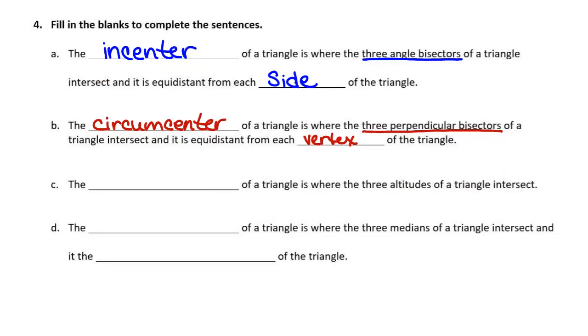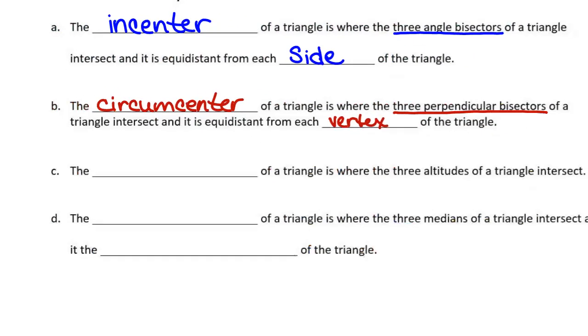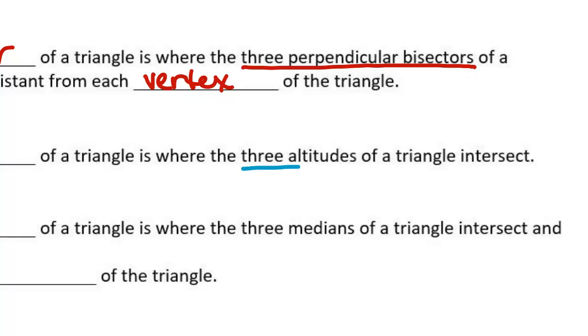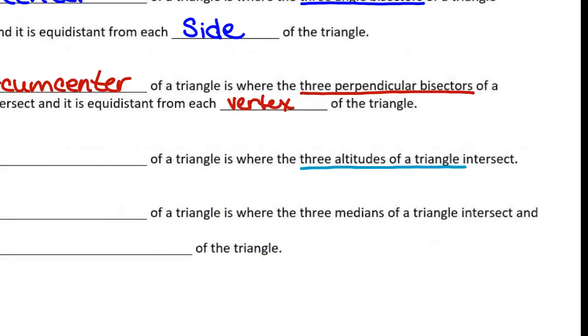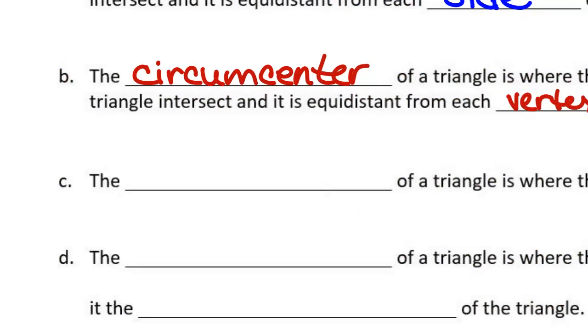Nice, nice. This one we didn't talk about very much. The blank of a triangle is where the three altitudes of a triangle intersect. I think we only mentioned this one once in your notes. You might need to look back at your notes.